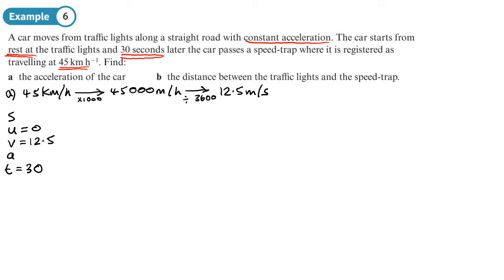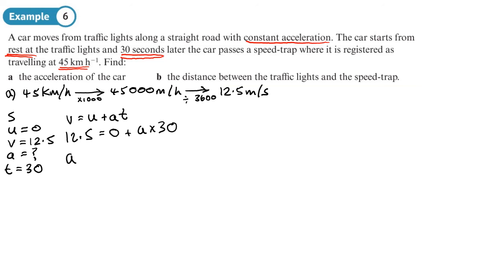So they're my 3 knowns, and my 1 unknown is the acceleration. So the equation that's going to have those in is going to be V equals U plus AT. So we just substitute in 12.5 equals 0 plus A times by T, which is 30A.